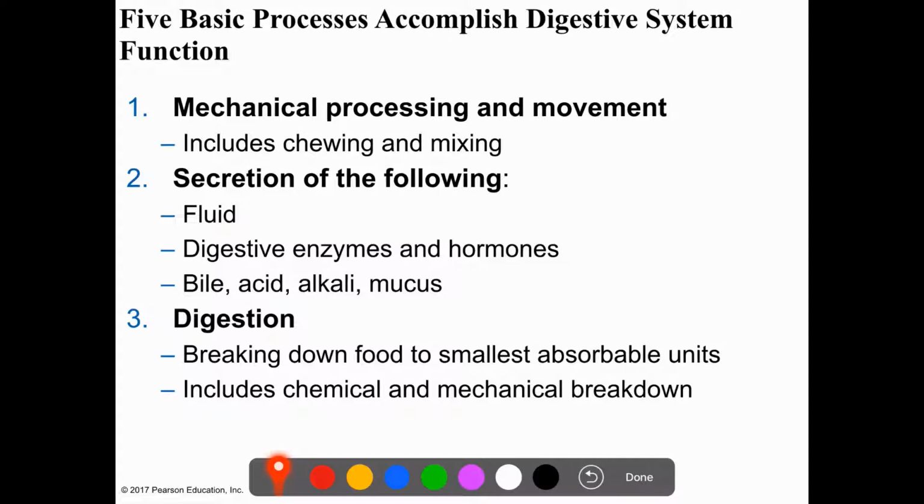There are 5 basic processes to accomplish digestive system function. We have mechanical processing and movement, including chewing and mixing. We have secretion of fluids, digestive enzymes, bile acids, and mucus. Then we have digestion, which is the breaking down of food to the smallest absorbable units, and this includes chemical and mechanical breakdown.